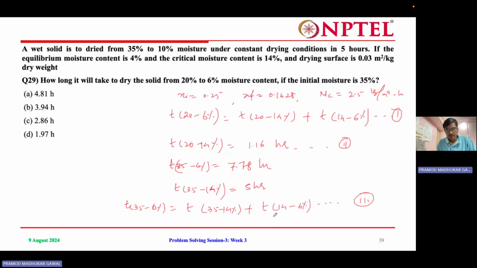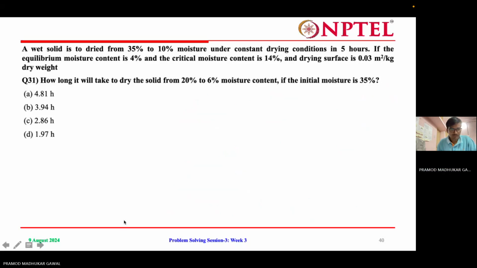So you will get the time required from 14% to 6%, which is equal to 2.78 hours. This is 4.